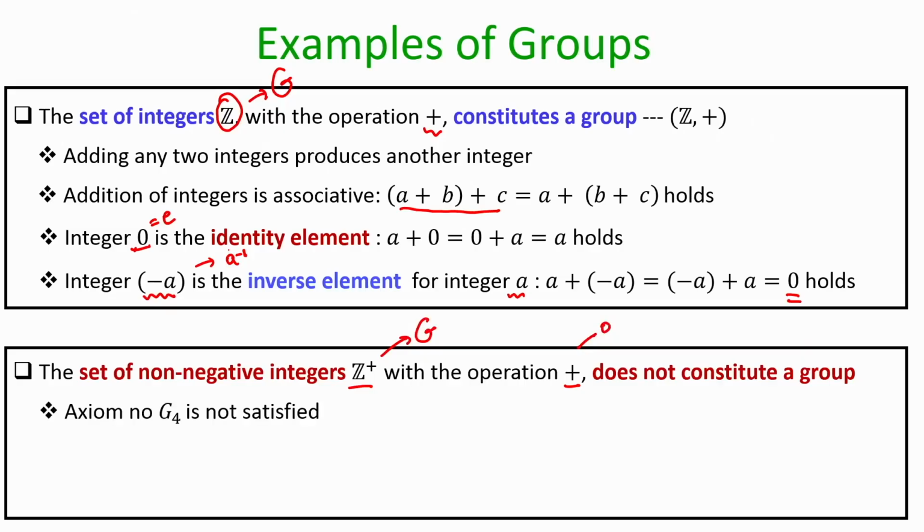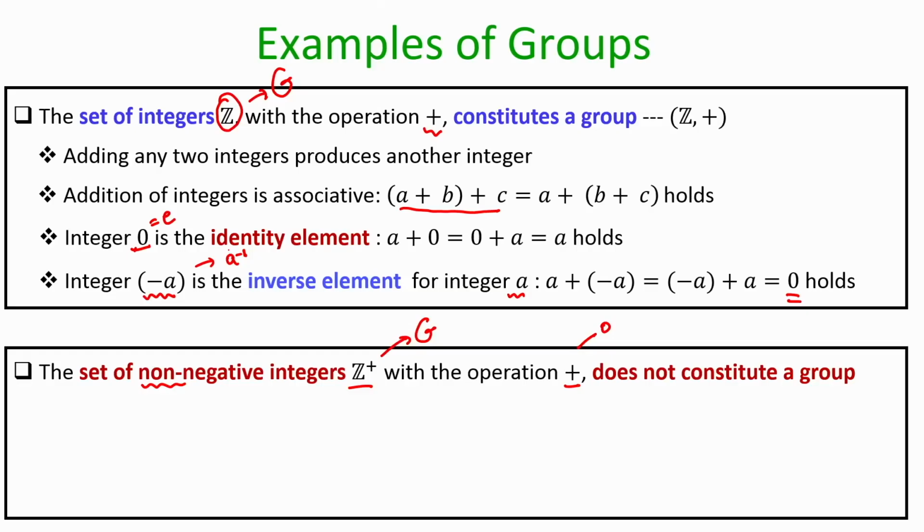And which property is violated? Well, the closure property is still satisfied, the associative property is still satisfied. By the way, when I am saying non-negative integers, I am including 0. I said earlier 0 is not included, but 0 is included.